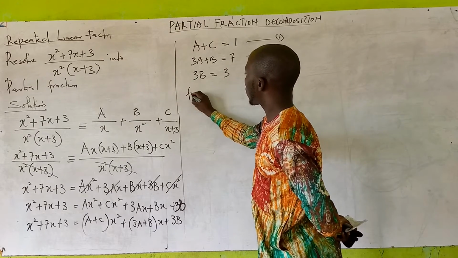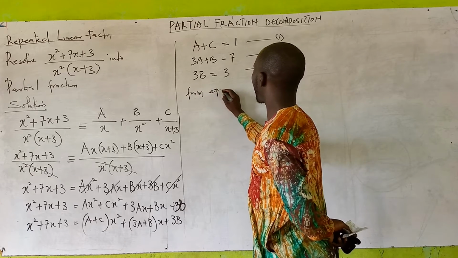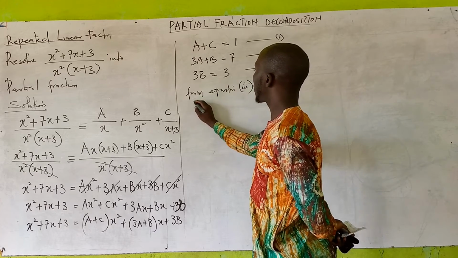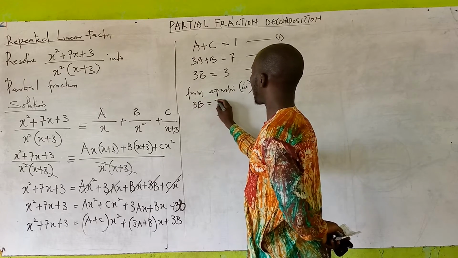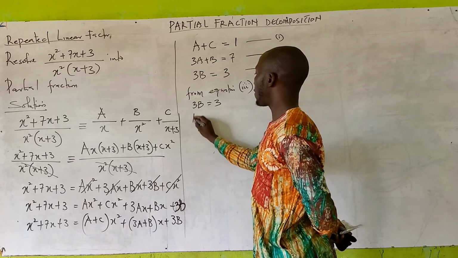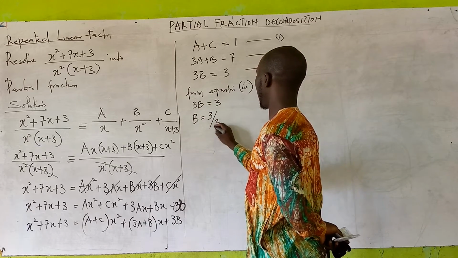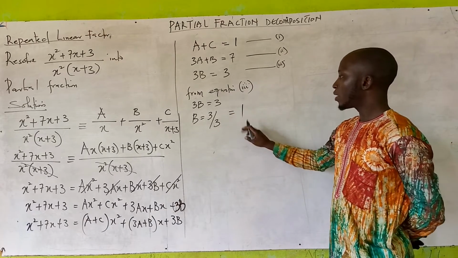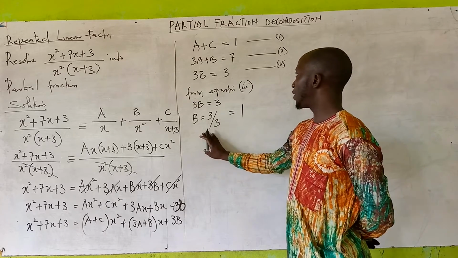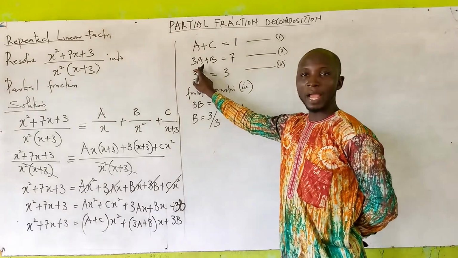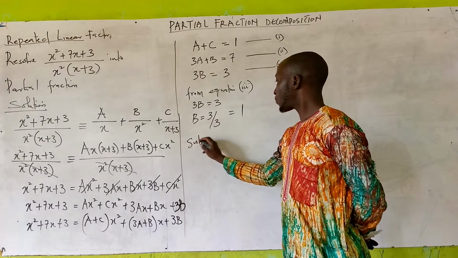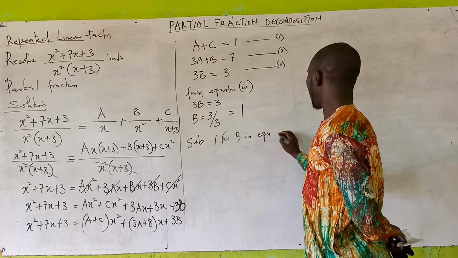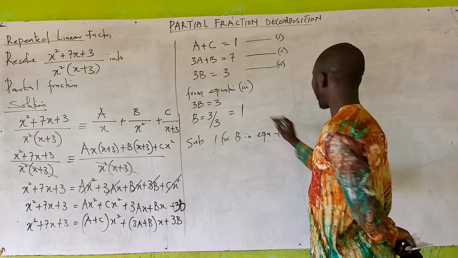Now from equation 3, 3b equals 3. Making b the subject, b equals 3 divided by 3. Therefore, b equals 1. If b equals 1, we can substitute this value of b into equation 2 to get a.